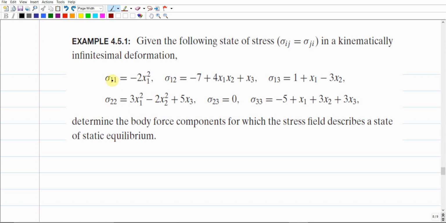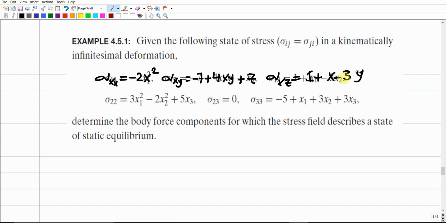So this is like sigma xx, which is given as a function of x, where x1 is just x. So this is equal to negative 2x squared. And sigma xy is given by negative 7 plus 4xy plus xz, where z is x3. And sigma xz is given as 1 plus x minus 3y.